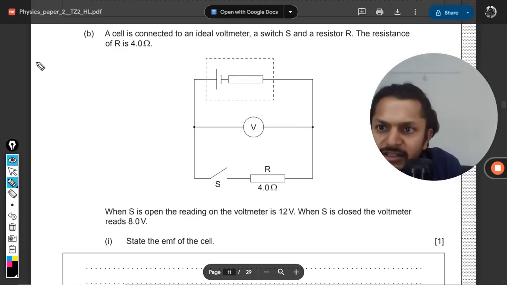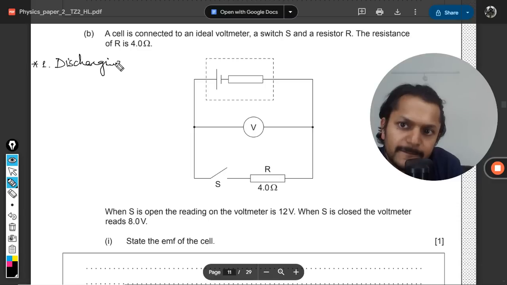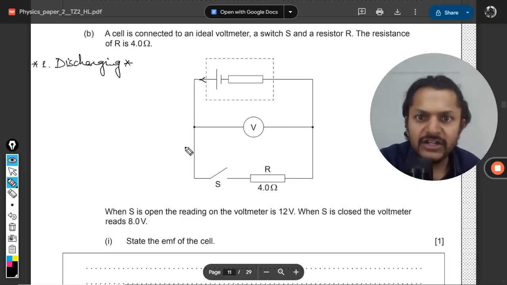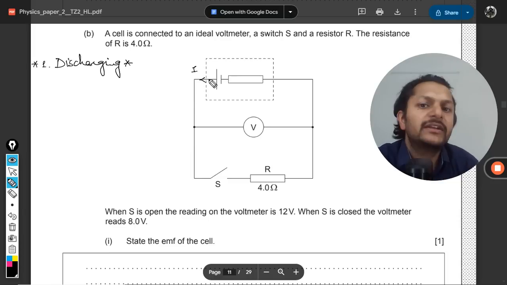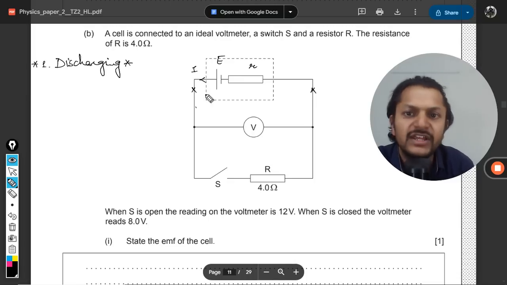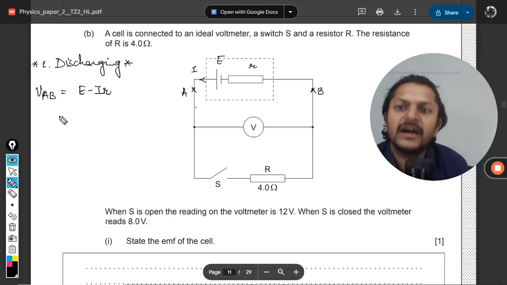Now there are two things that you have to remember here. The first is discharging. Discharging means that this is the battery and current is getting out of it. That is called discharging. So current is withdrawn from it. EMF is E, internal resistance is R. So the potential difference across this battery, let us say point A and point B, is given by E minus IR.